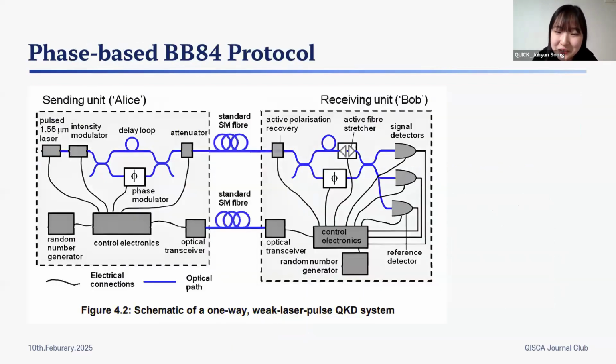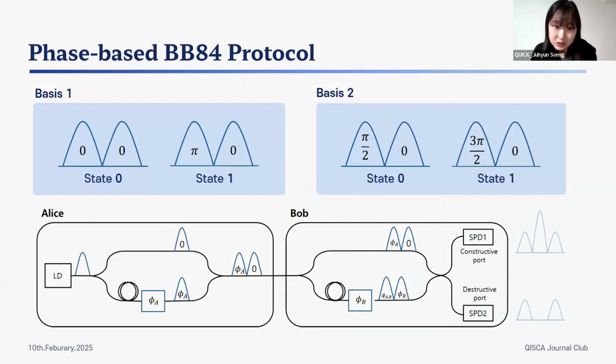So this is the basic figure for the phase-based BB84 protocol. We should focus on the delay loop and phase modulator, which play an important role in this system. Just like the polarization-based BB84 protocol, the phase-based BB84 also defines two bases, basis 1 and basis 2.